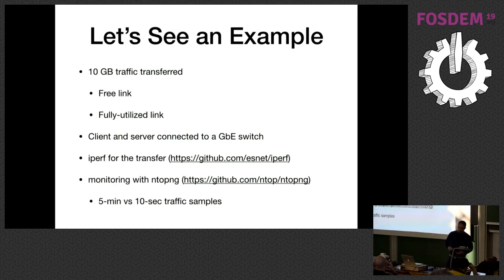And I would like to show you what happens if we use 5-minute samples on one hand and 10-second samples on the other hand. To do this experiment and to make it reproducible, I'm going to use iPerf to send the data and NtopNG to do the monitoring. And we are going to see NtopNG in detail later in this presentation.